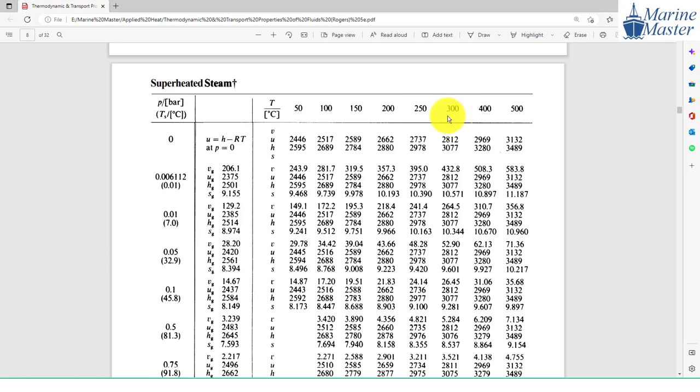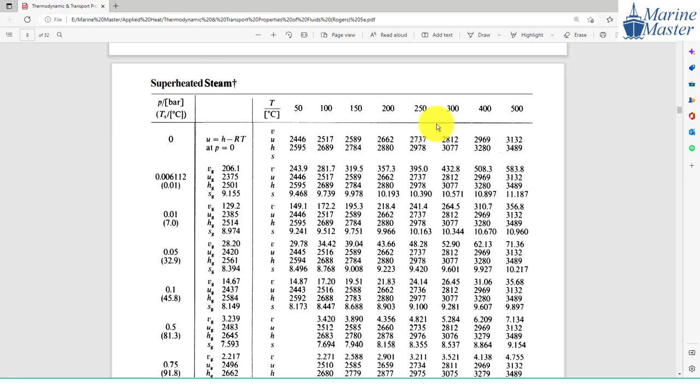And here comes the role of interpolation, guys. If any value is not available in the property table, getting all the values is not always feasible, guys. Calculating all properties at all temperatures is possible, but not feasible.